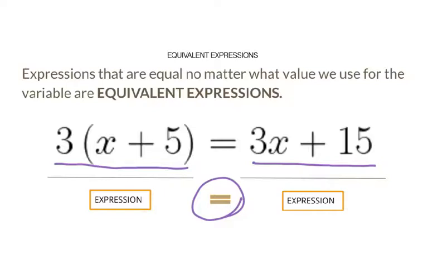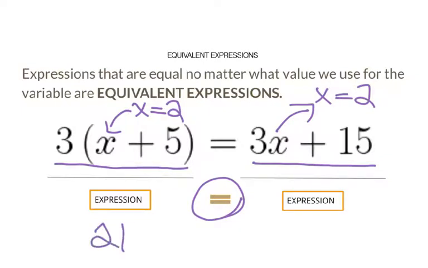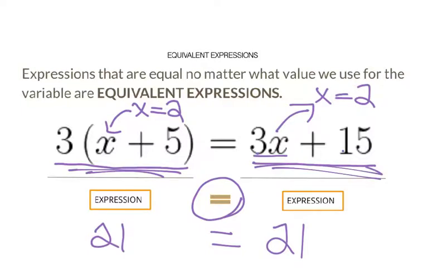For example, if I plug in x is equal to 2 on both sides, 2 plus 5 is 7, and 7 times 3 is 21. That is going to equal 2 times 3, which is 6, and 6 plus 15 is 21. So these two expressions are equal to each other. They are considered equivalent expressions.